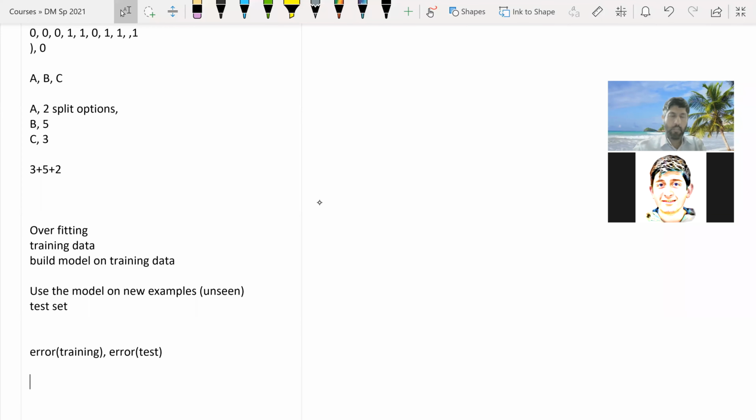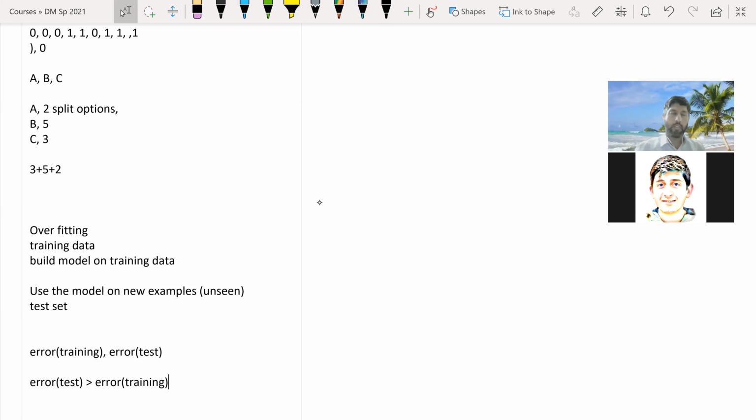In general, we are talking about error here, you can use any other performance measure like accuracy, which is the opposite of error. So if the error on the test set is greater than, or significantly greater than, the error on the training set, then we can say that there is an issue of overfitting.